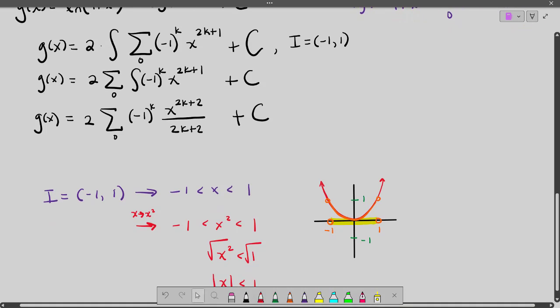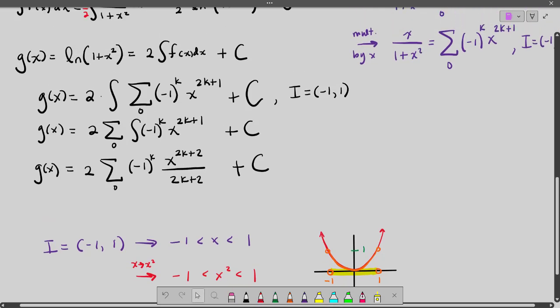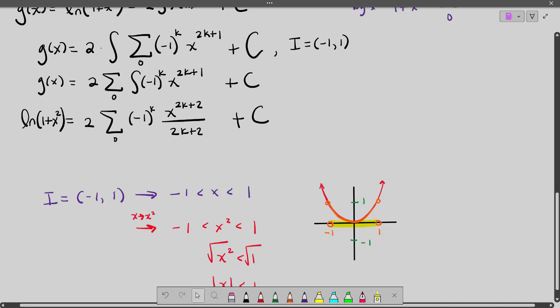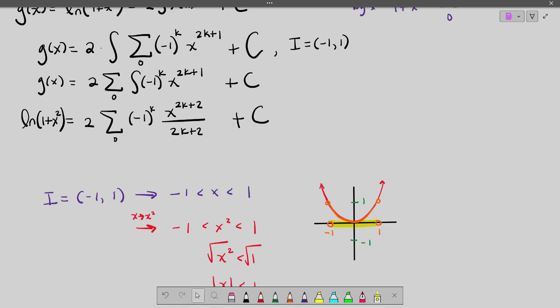So let's resolve the constant. I think it's easy to resolve the constant if I actually write what g is equal to here, so we can do a test value. When you resolve the constant, you have to use a known point, a point that you know the x and the y value for.